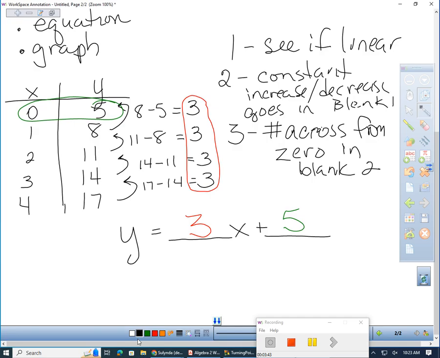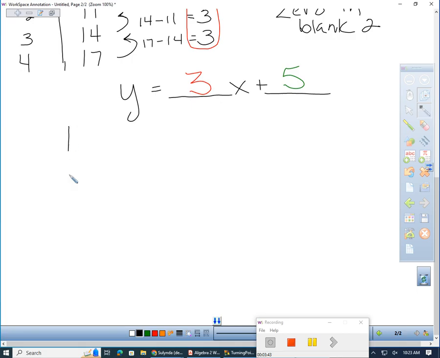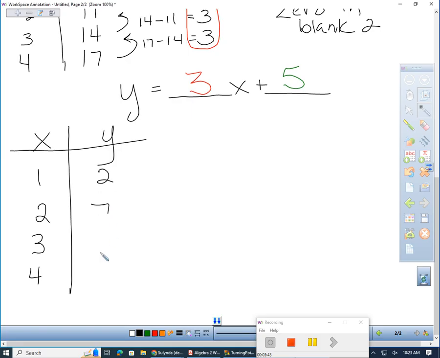Let's do one where it's not across from a 0. So we have x, we have y. Let's go 1, 2, 3, 4. And let's go 2, 7, 12, 17.